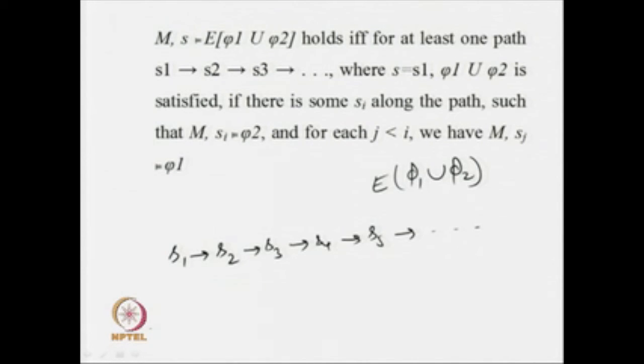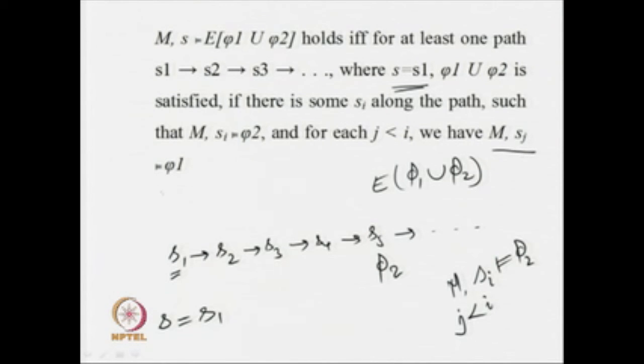We are concerned about a particular state S, and we say that S is equal to S1, the starting state of this path. We say that E phi 1 until phi 2 will hold in this state S, provided we get some Si which models phi 2, and for all j less than i, we should have M, Sj models phi 1.